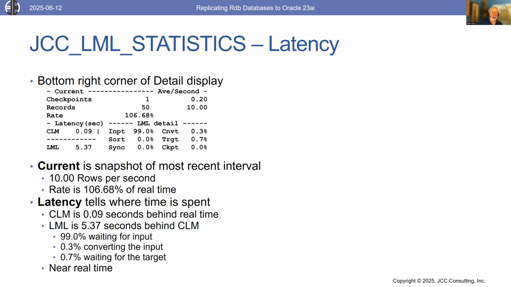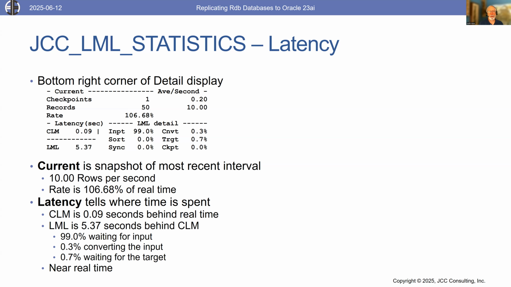So we're about 0.9 seconds behind from CLM. The LML session is about 5.3 seconds behind CLM. And 99% of the time is actually waiting for input. 0.3% is converting, 0.7% is waiting for the target. So this is actually pretty close to real time.